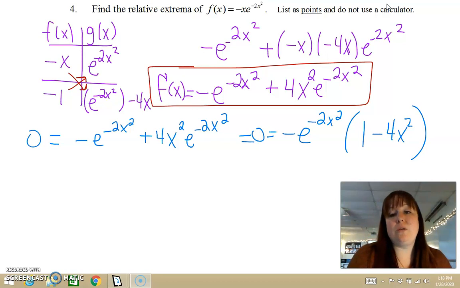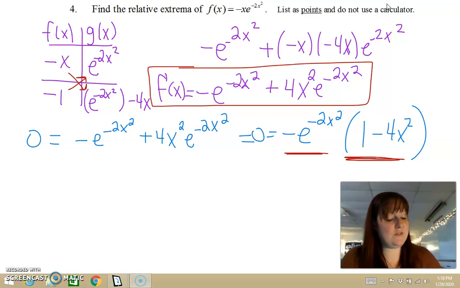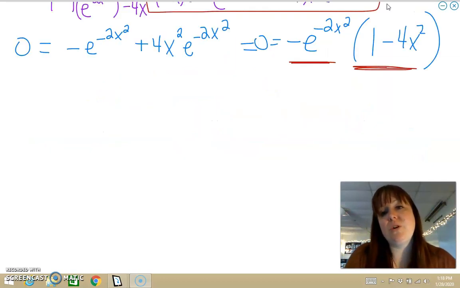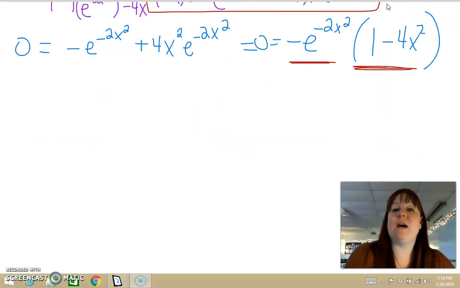So now I have two factors, and remember, this function equals 0 either when this factor equals 0 or when this factor equals 0. So then I look at the e function. Can the e function ever equal 0? No, Mrs. Vardy, it can't, because it's an exponential and it has an asymptote. Correct. This one has an asymptote at 0, so it can never equal 0.